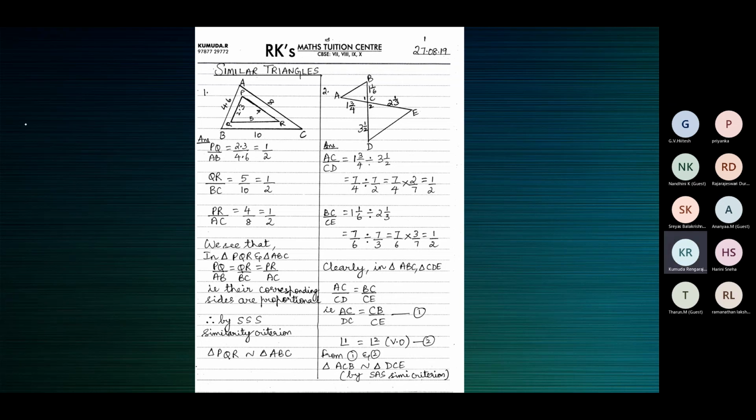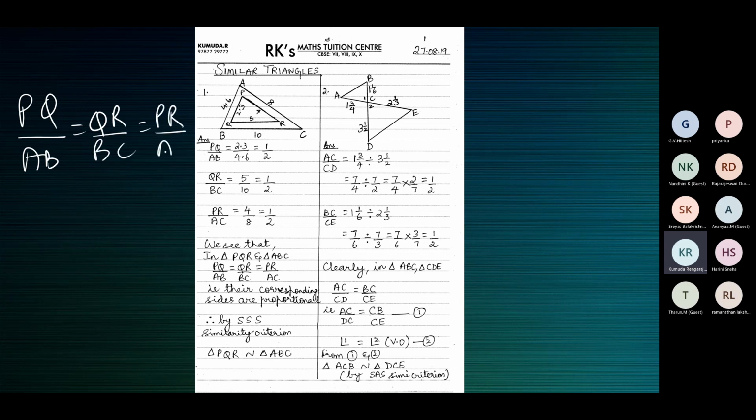You should not write like this. You must not write in the beginning itself PQ by AB is equal to QR by BC is equal to, because sometimes we make this mistake. You should not write like this and then write 2.3 by 4.6 is equal to 5 by 10 is equal to 4 by 8.